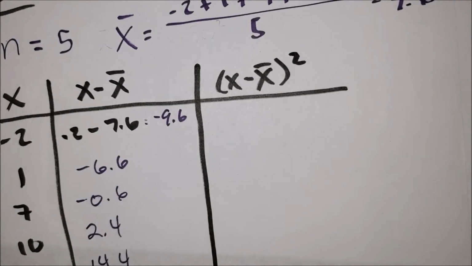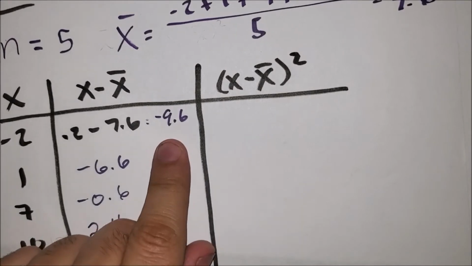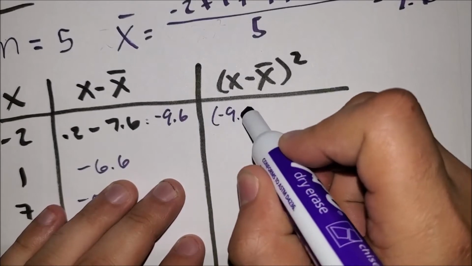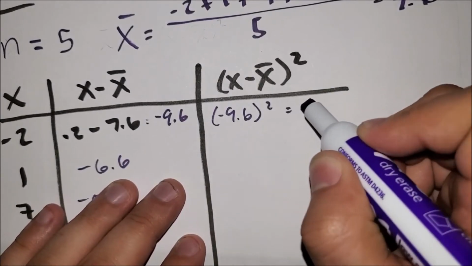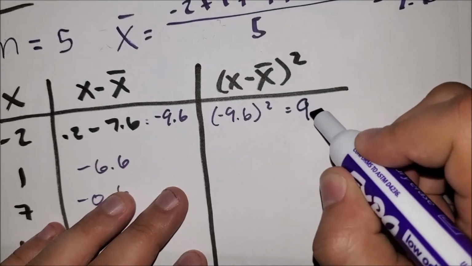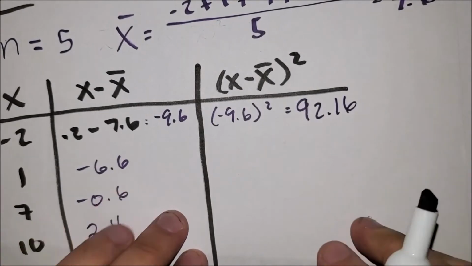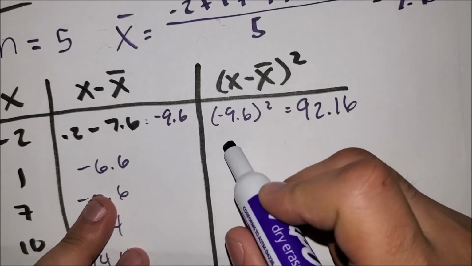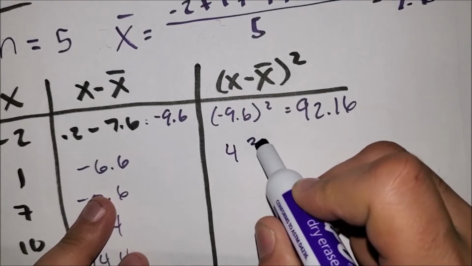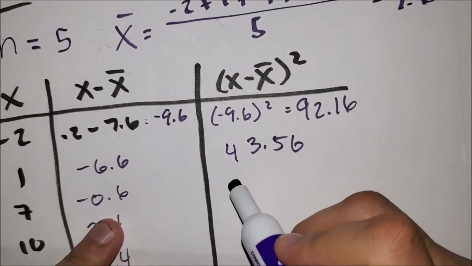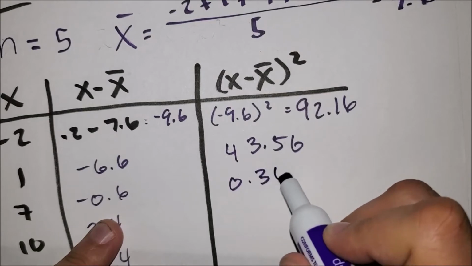So that means that in our first case, for our first value, we're going to be squaring -9.6. And when we square -9.6, we get 92.16. When you square -6.6, you get 43.56. Squaring -0.6 gives 0.36.